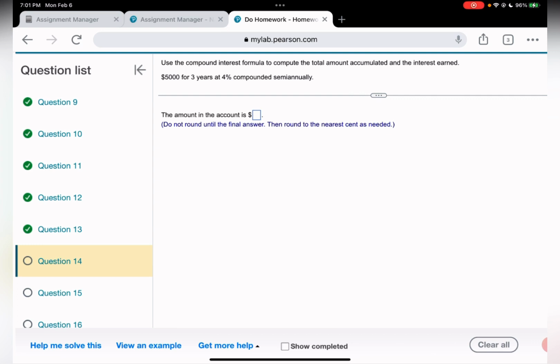Use compound interest. Okay, we are moving to compound interest. What does compound mean? Let's say I borrowed $10 at 5%.